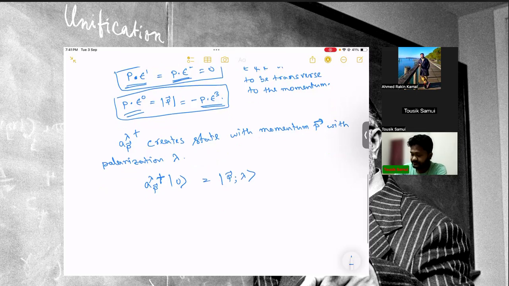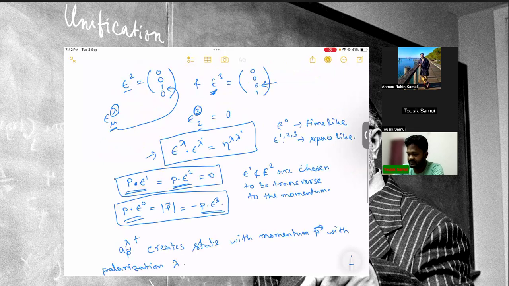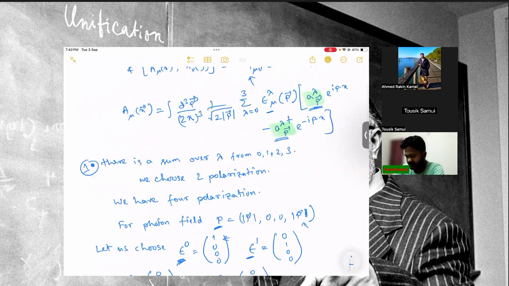Similarly, A P lambda annihilates a state with momentum P and polarization lambda. That is the second point that I wanted to stress.